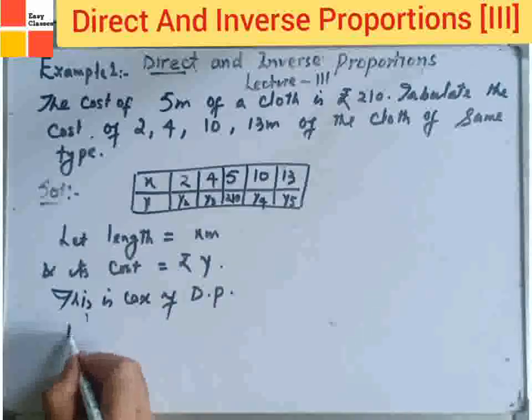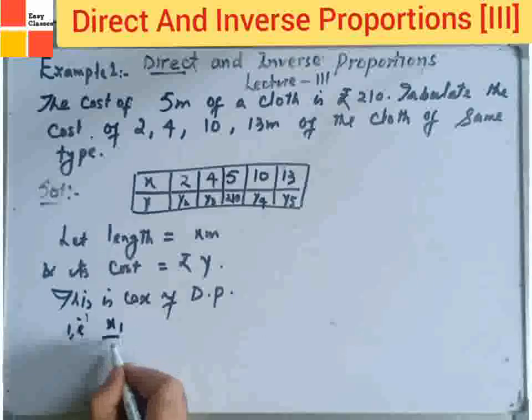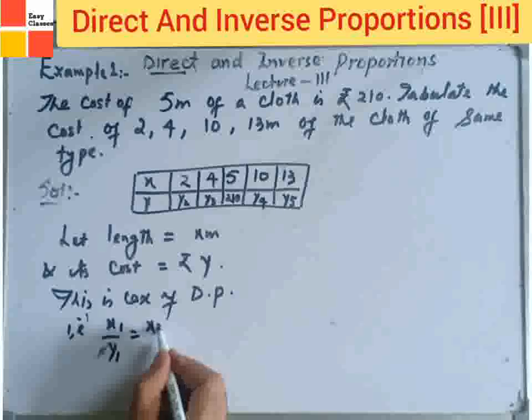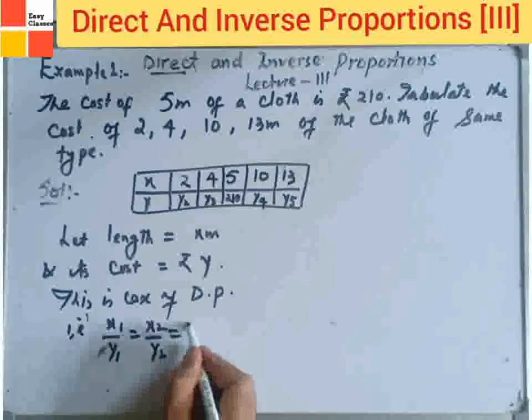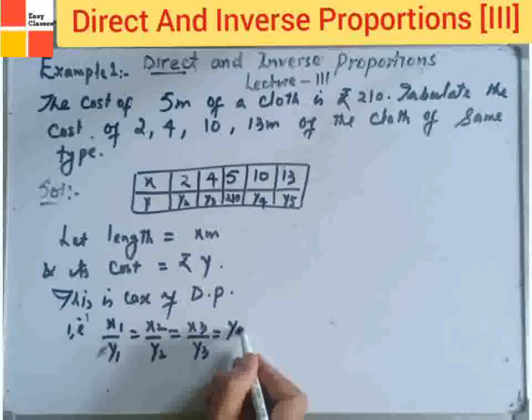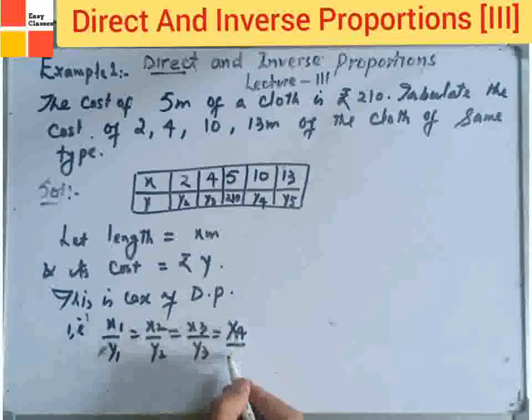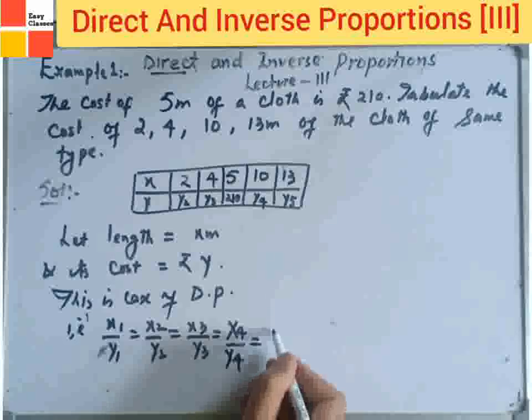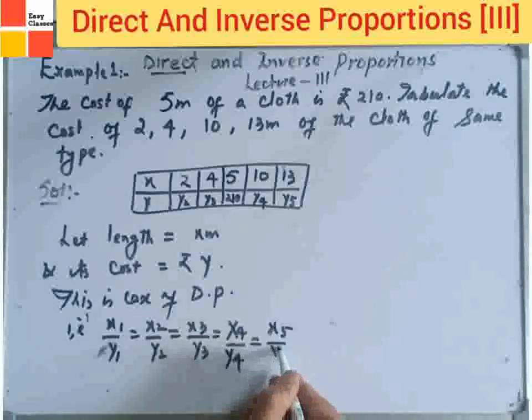That means x1 divided by y1 is equal to x2 divided by y2 is equal to x3 divided by y3 is equal to x4 divided by y4, that will be equal to x5 divided by y5, right?